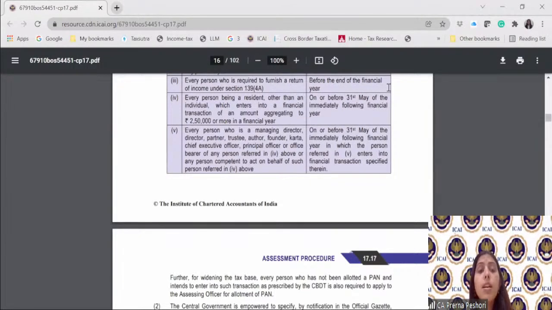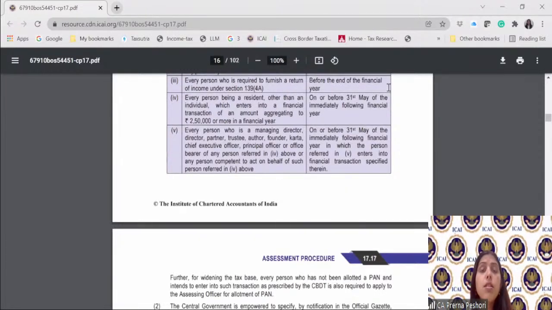So if, say for example, there is an invoice and you are not particularly giving your PAN in that invoice, then in that case also the penalty is going to be 10,000. Is that clear? So you need to quote your PAN or Aadhaar in all the documents for which you have entered into transaction. Otherwise, there will be penalty of rupees 10,000 under 272B. Clear?